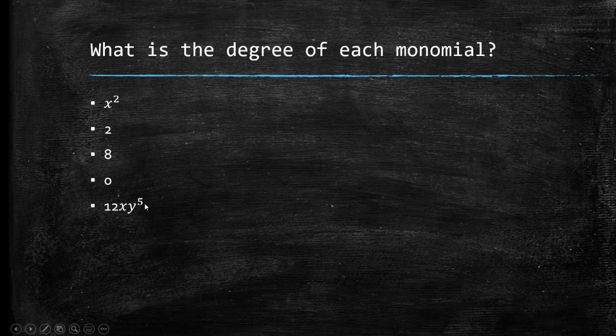Well, we have a 5 as the exponent here, and if we don't see an exponent, the exponent is actually 1. So 1 plus 5 is 6. And then we have 5 times x cubed times y times z to the 4th. So 3 plus 1 is 4, plus 4 is 8.